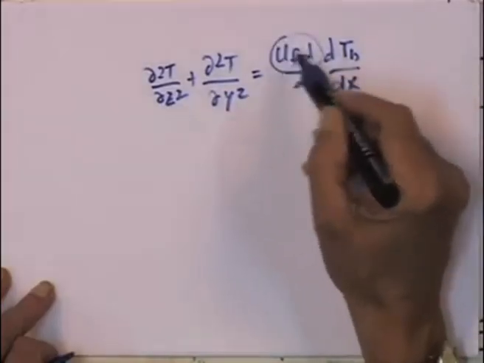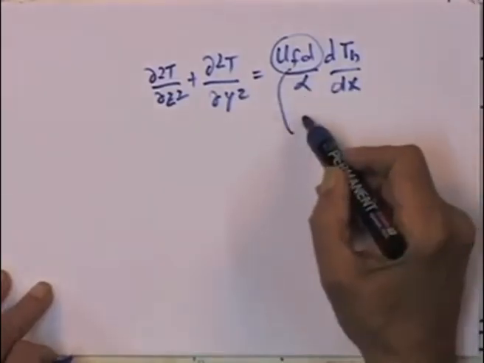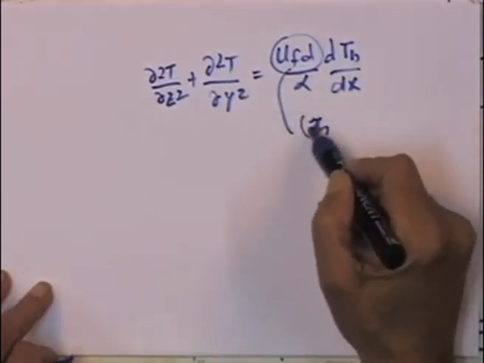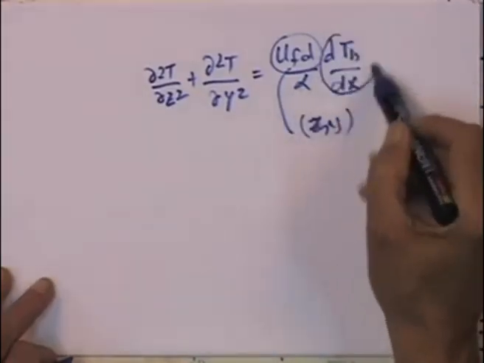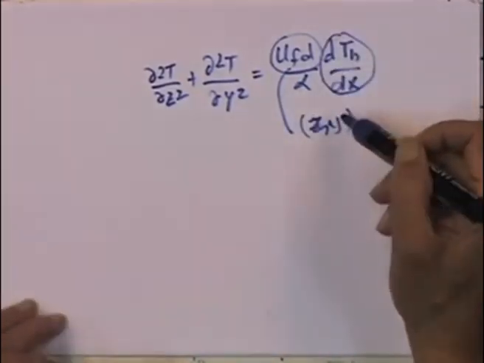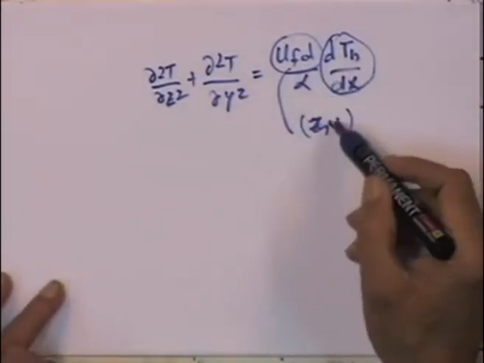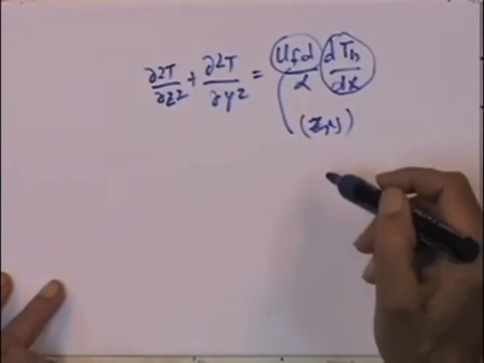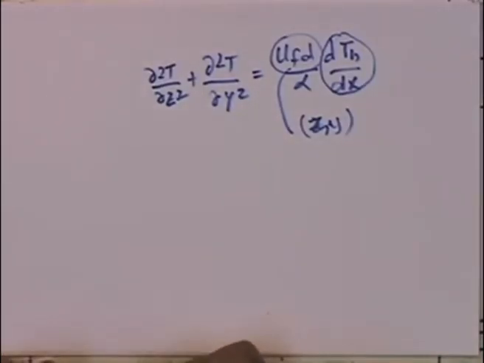And u fully developed for a non-circular duct we have already obtained as a function of z and y. So, when you substitute for dT bulk by dx, you get a Poisson equation with a right hand side which is a function of z and y, and you can use Fourier series to solve such problems.